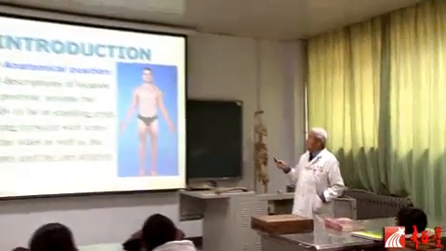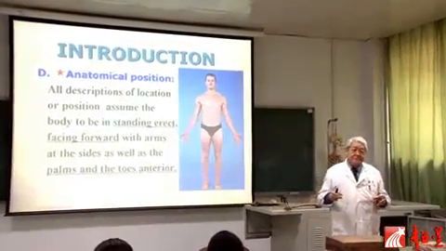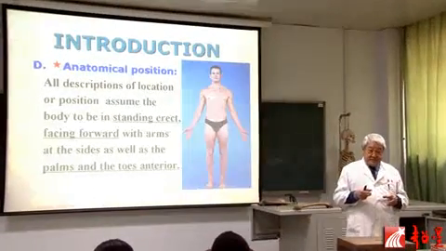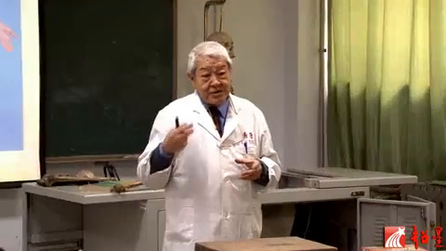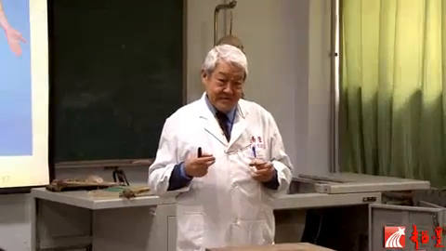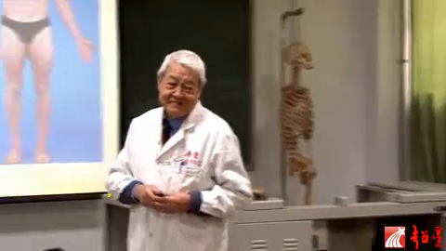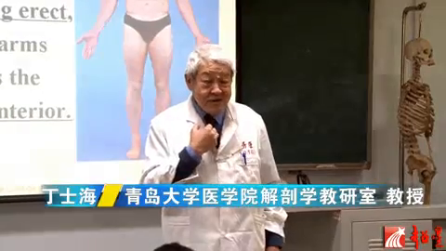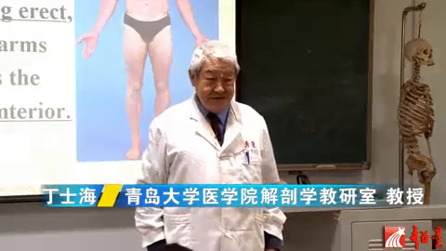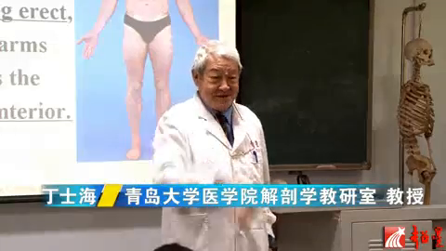Then, the first important thing is the anatomic position. The anatomic position is used to describe our human body. This position, just like this: ask everybody to look forward, not like this, just look forward.